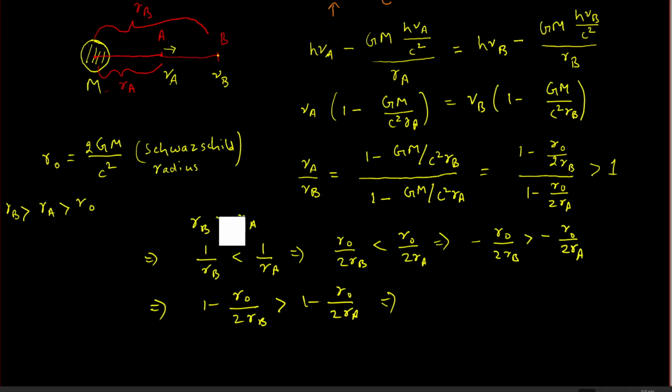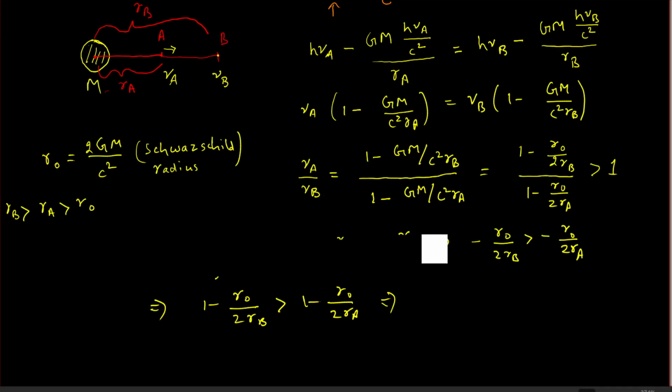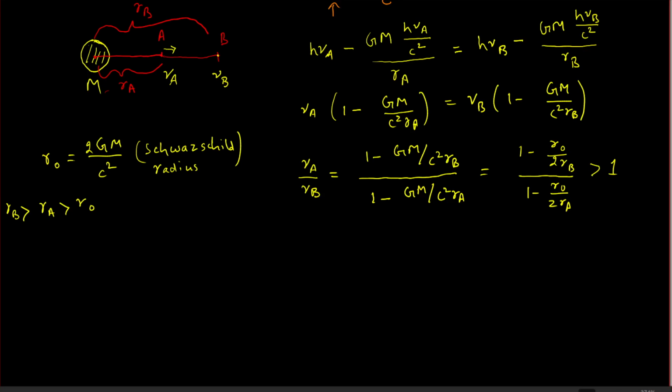So this implies that frequency at A is greater than frequency at B. So the photon has redshifted. Photon is redshifted due to gravity.